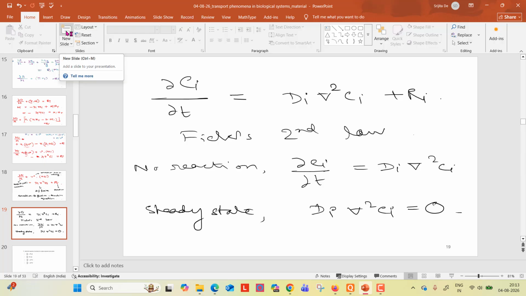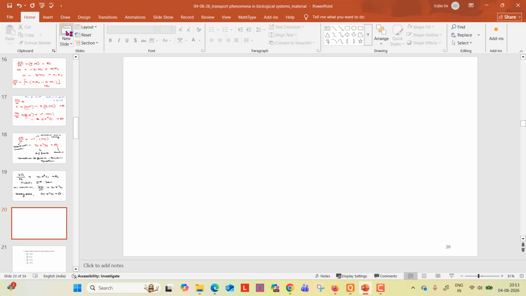So for the mass concentration term, the convection diffusion reaction equation will be del rho I del T plus V dot divergence of rho equals to di grad square rho I plus Ri. This is the convection diffusion reaction equation.